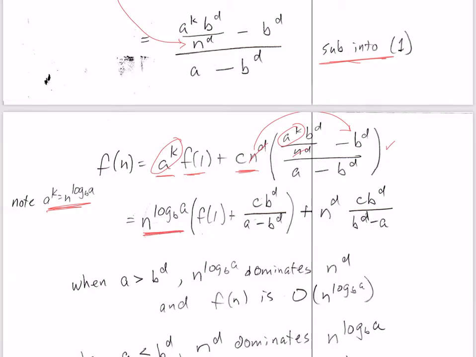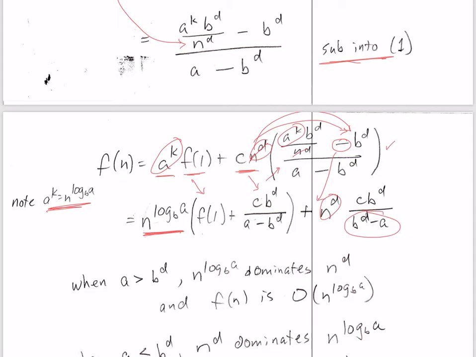So combining terms for that, I get my initial condition, and then c times this term here, b to the d over a minus b to the d. Now for this term here, my n to the d gets multiplied by this b to the d. So this n to the d comes here. c gets multiplied by b to the d. And I change this negative to a positive by reversing the direction of the subtraction in the denominator.